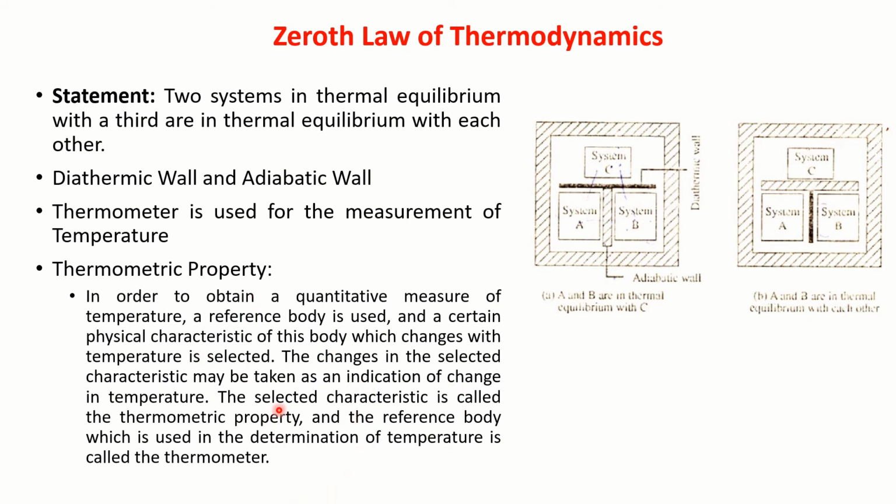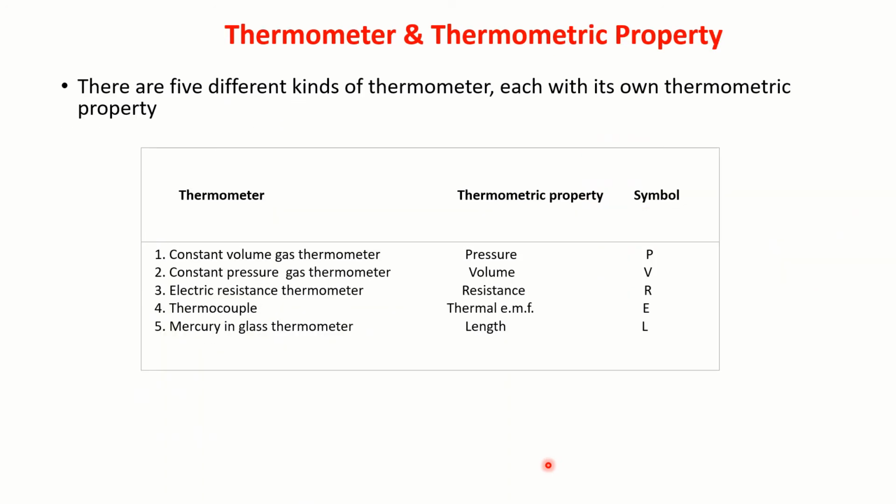Based on this thermometric property, we can have different types of thermometers. What are those thermometers? Constant volume gas thermometer. It means you take a thermometer, there is a gas and its volume is constant. Initially I measure the temperature of a gas, let's say.